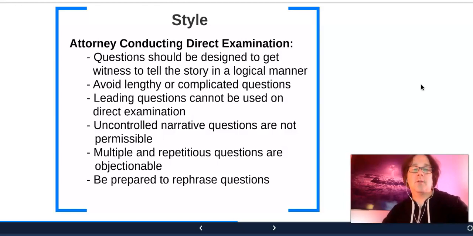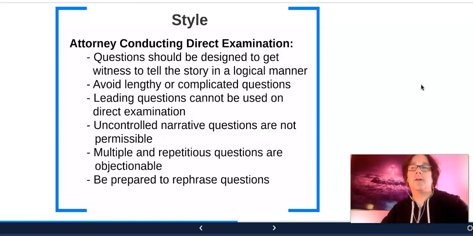So if there was a particular point that you wanted to get out of, say, a witness, and they didn't provide it to you in their answer, you might need to rephrase that question in a way to get to that piece of information without asking the same question again.